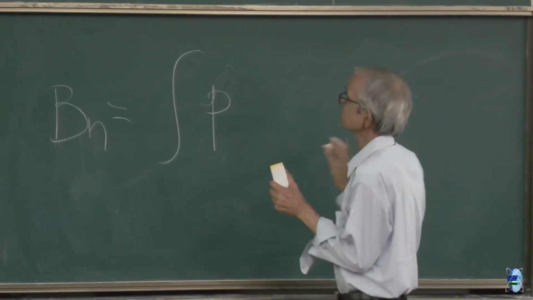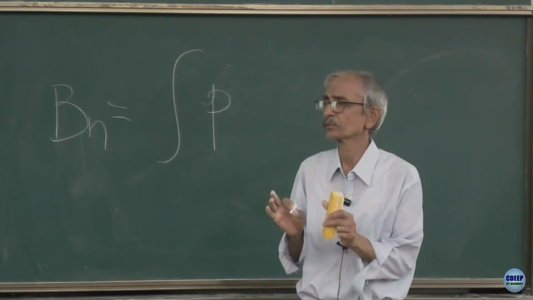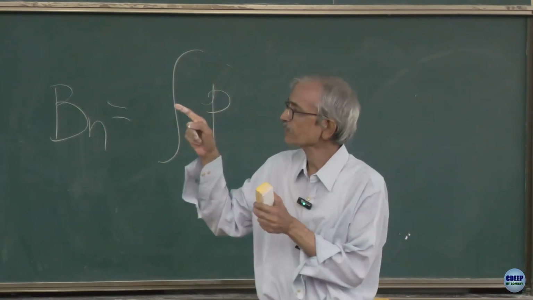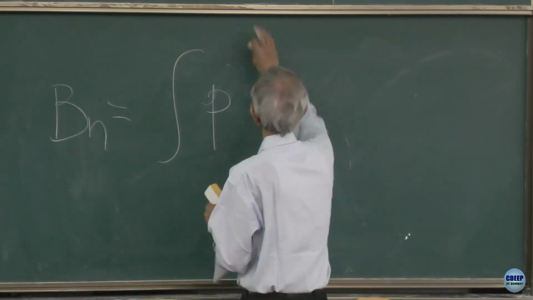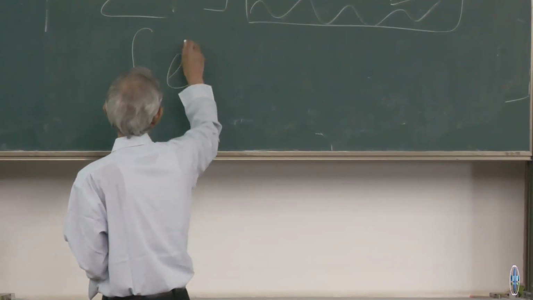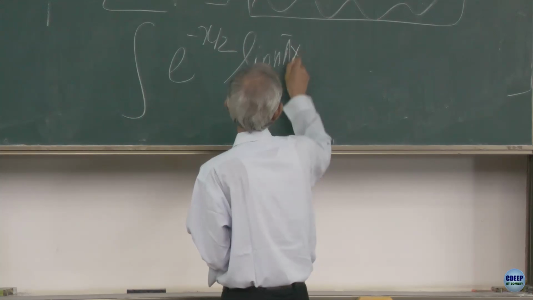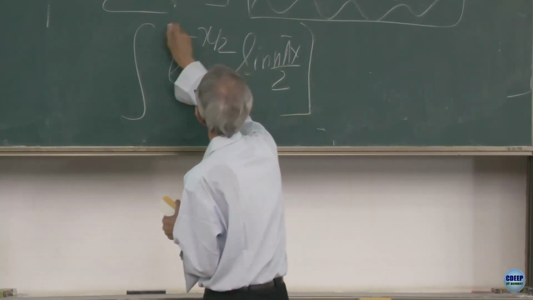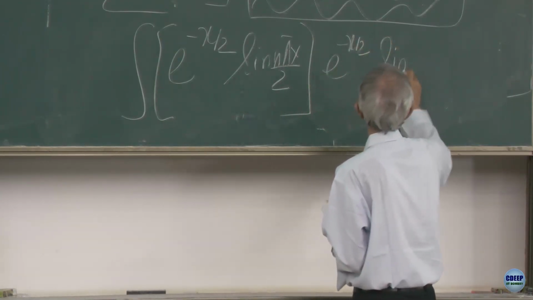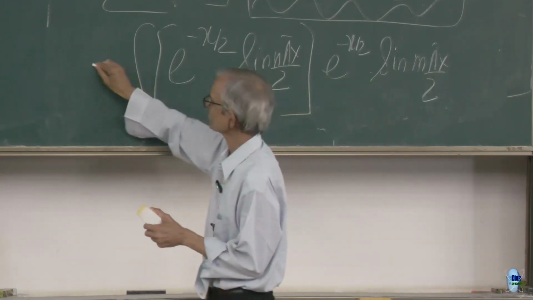Why are we making a big deal about this orthogonality? What is so special about orthogonality? What is so special is, if I have got the integral of e to the minus x by 2 sine n pi x by 2 multiplied by e to the minus x by 2 sine of m pi x by 2, equal to what?